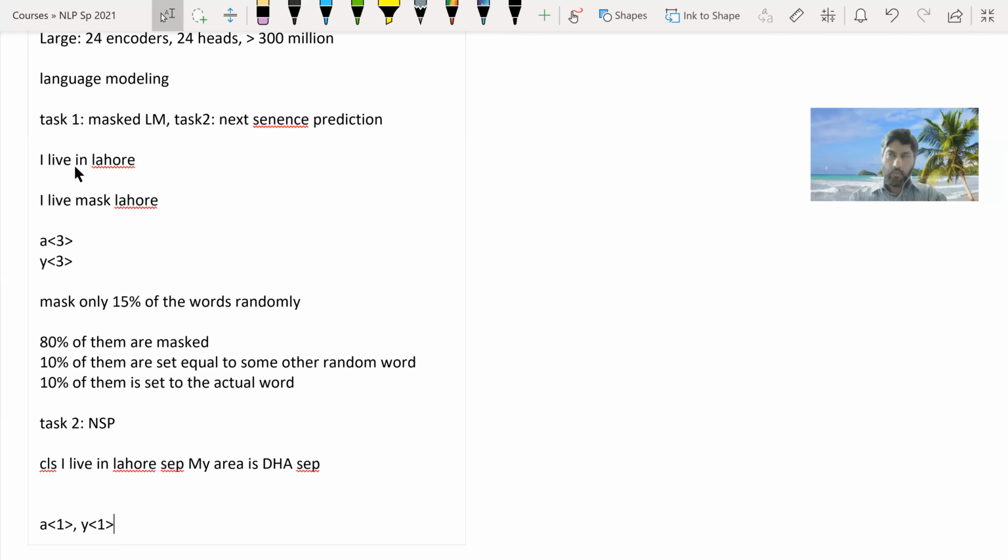So of course, you have only two softmax nodes at the output layer. If it is not true, then maybe the first node would be 1. If it is true, the second node would be 1. Of course, you can use a sigmoid as well, a single node. But in practice, they use a softmax over 2 nodes.